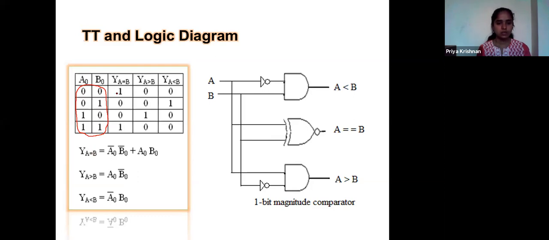A equal to B, so that output is 1. And for 11, A is 1, B is 1, so A and B are both equal. Then B is 1 here, so A is less than B, that is 1 here. And here A is 1, so it means A is greater than B.